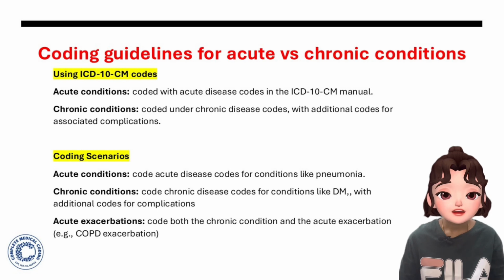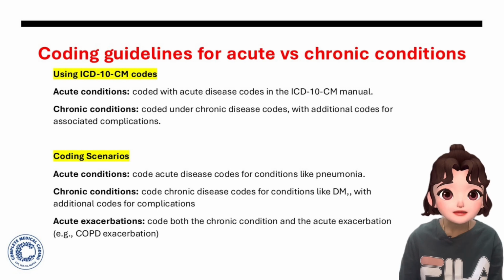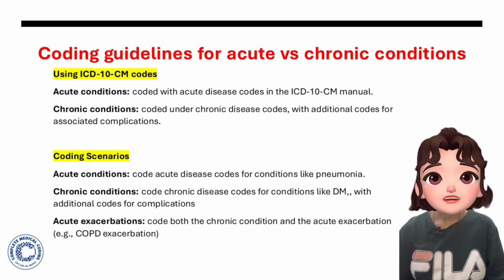Acute conditions: code acute disease codes for conditions like pneumonia. And for chronic conditions, code chronic disease codes for conditions like DM with additional codes for complications, as I told you. Now, acute exacerbations. What are acute exacerbations? Code both. Acute exacerbation means you have to code both chronic and acute exacerbation. For example, COPD exacerbation. Okay.